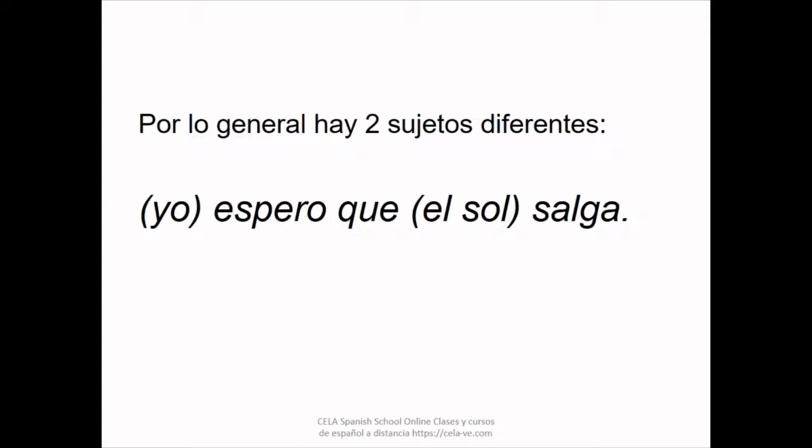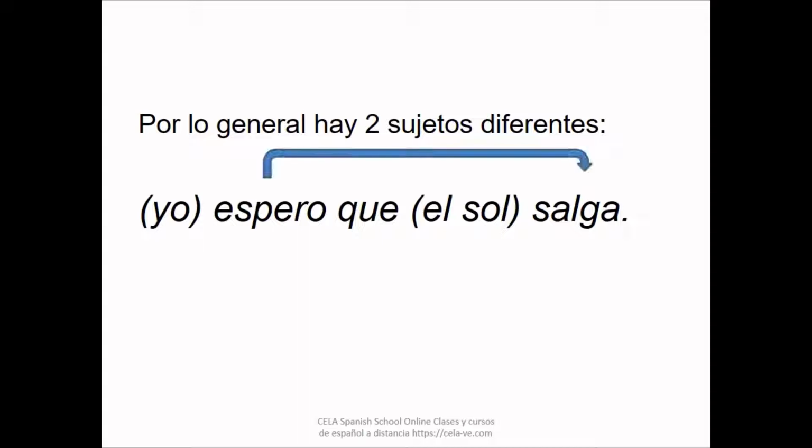However, as we will see later, not all compound sentences with two different subjects joined with que will have the subjunctive in the second sentence. We already explained some of this in the video number 1.